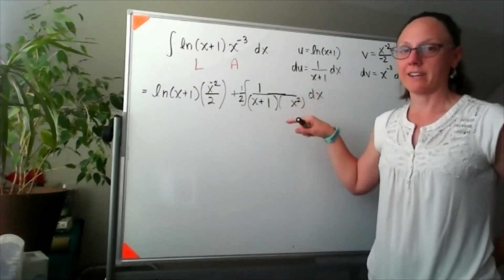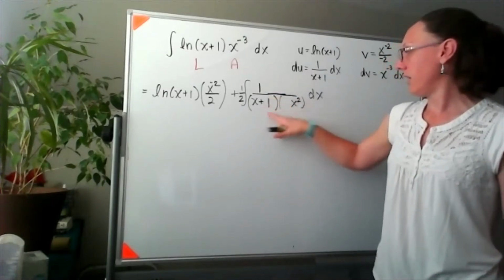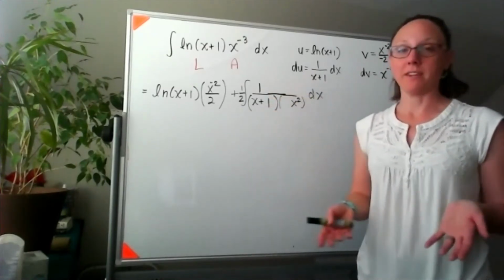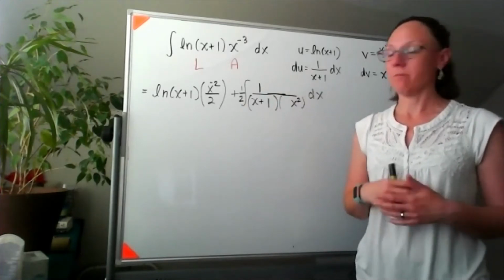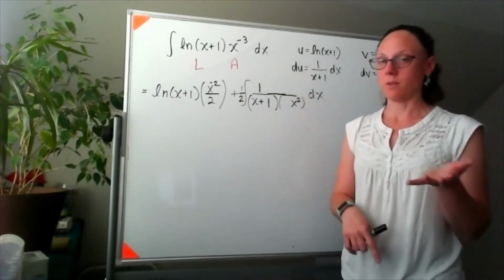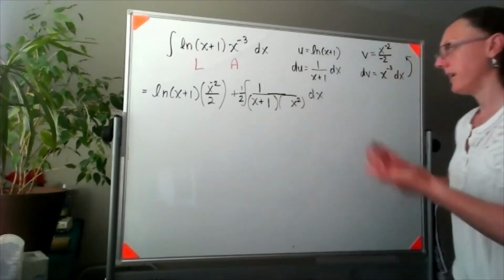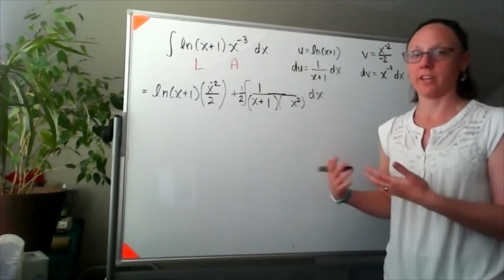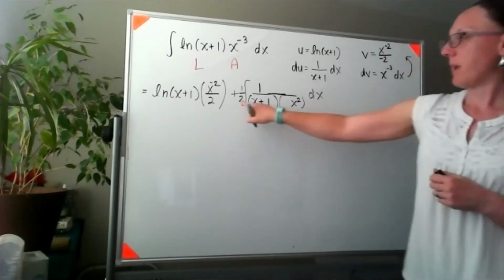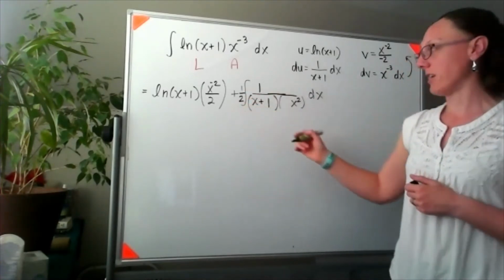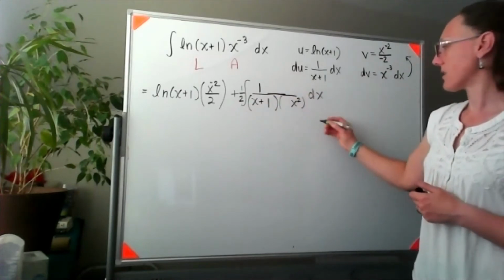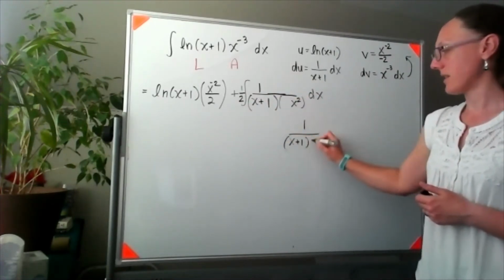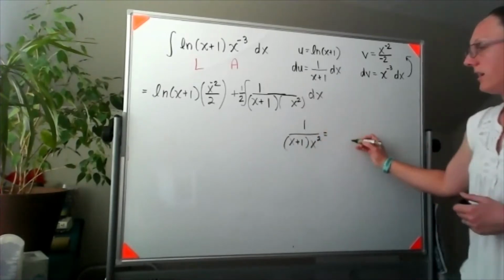So I've got 1 over x plus 1 times x squared. The power on the top is obviously less than the power on the bottom. I don't have to worry about u substitution. I don't have to worry about doing long division first. I can go straight into thinking about partial fractions. I'm going to leave that 1/2 out in front and just focus on this piece. So 1 over x plus 1 times x squared.